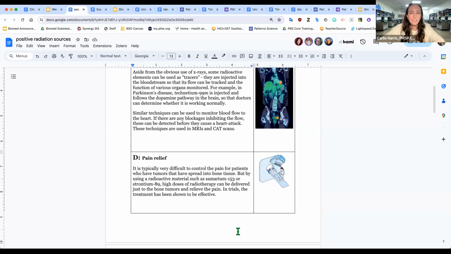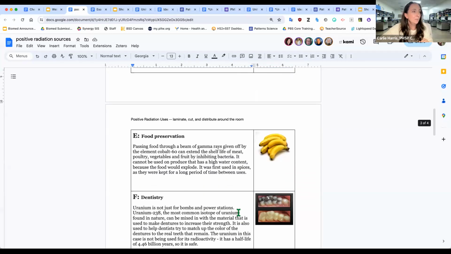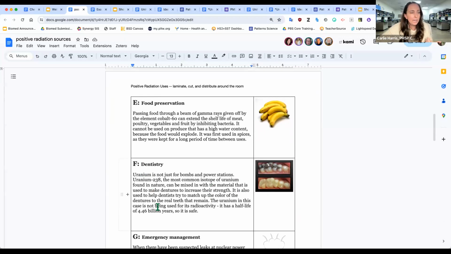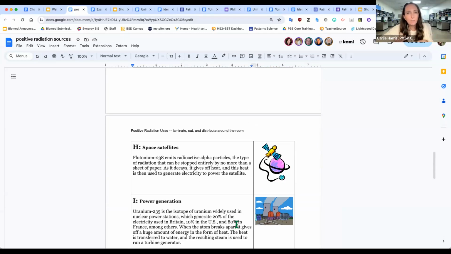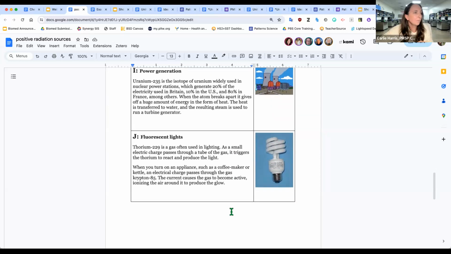My students have liked this. I teach biomedical or health science related classes. So my students personally love a lot of these because a lot of them are health related, right? You can see health science, medical related. So it's a good little way to flip the script a little bit for nuclear technology.